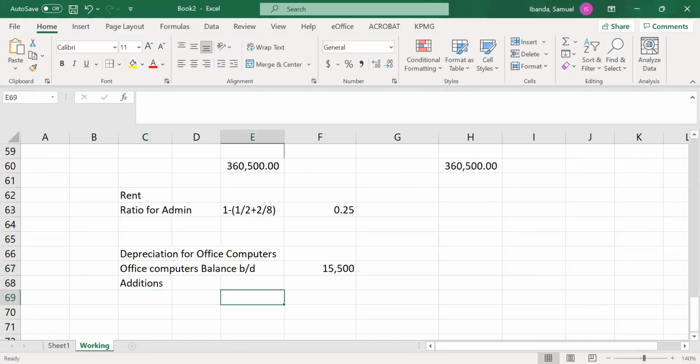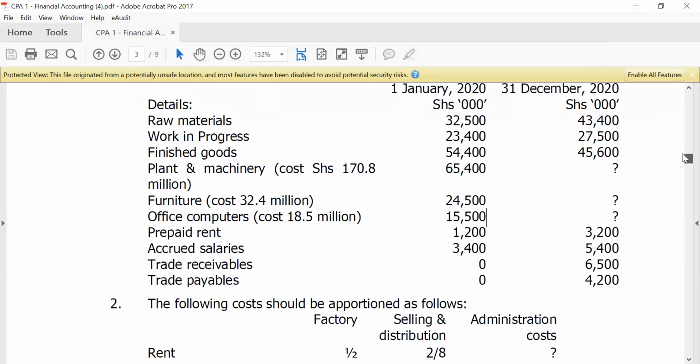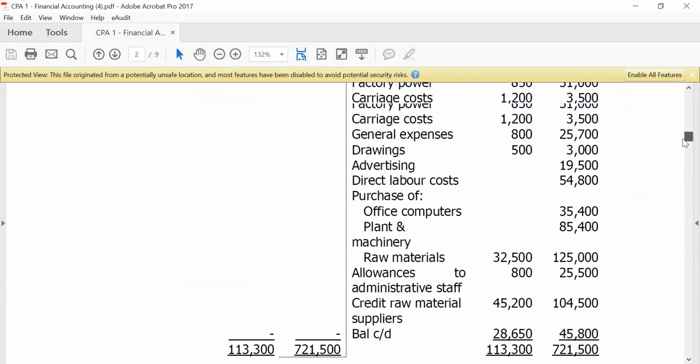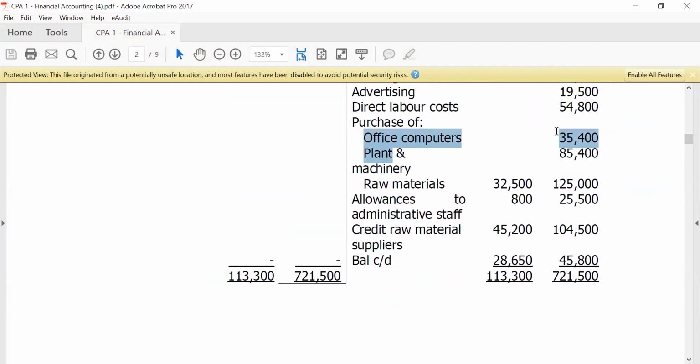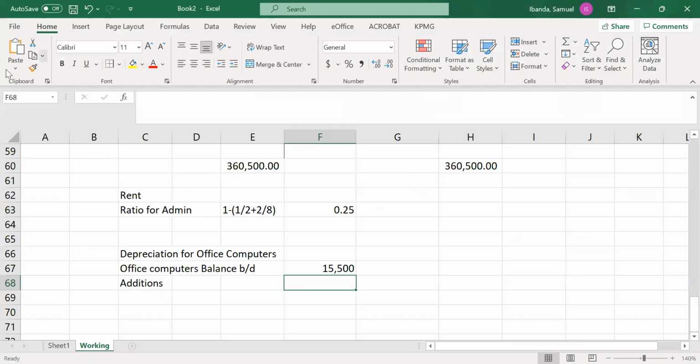We have additions for there. The additions are in the cash book. So the additions of the office computers are here, which is 35,400. Now this one, I'll just put it there because it is its first year. So this is the net book value at that point in time, okay? If an asset is being depreciated for the first time with reducing balance, the net book value will always be the cost. So I'll just total up here.